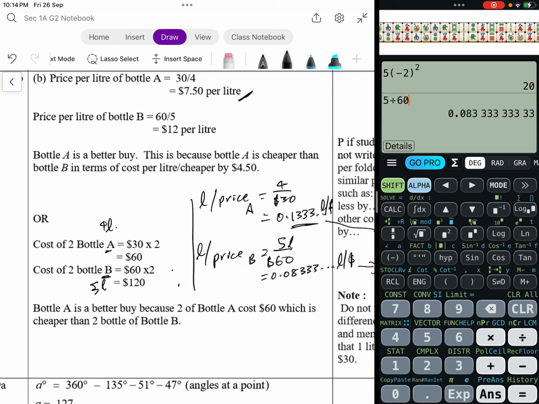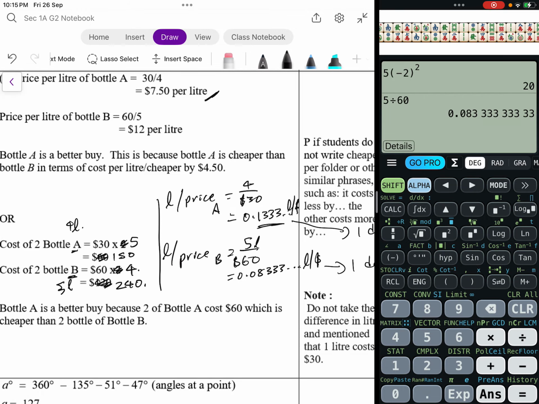Alright, so the common multiple is 20, right? So 4 shouldn't times 2, it should times 5. Then here should times 4. Then you will get 150 here, and you will get 240 here. So that means instead of finding the cost of 2 bottles, you want to compare, because when you find this 150 is 20 liters.